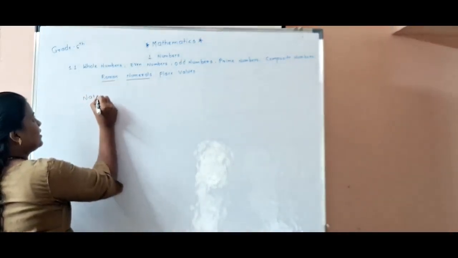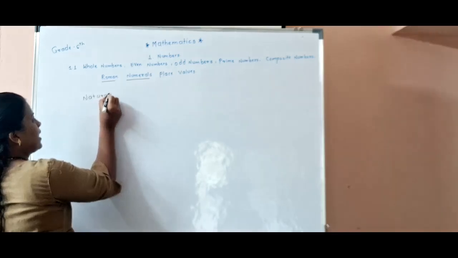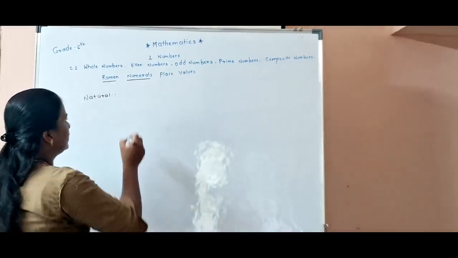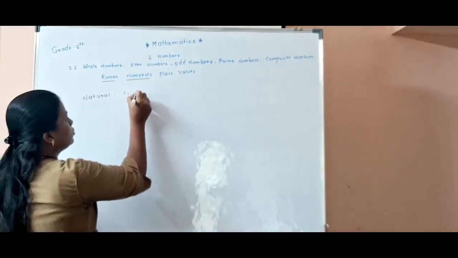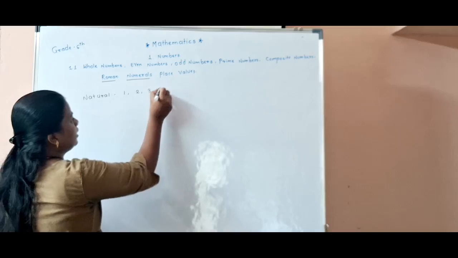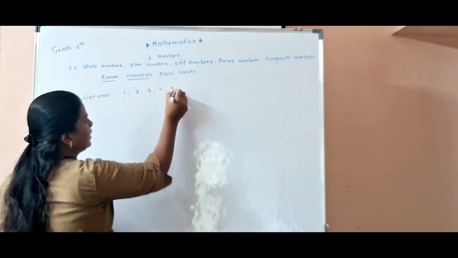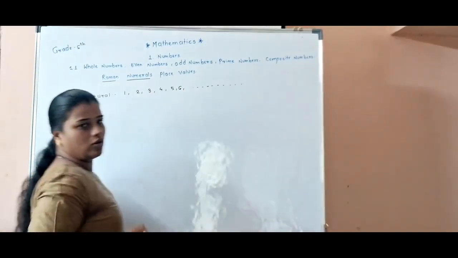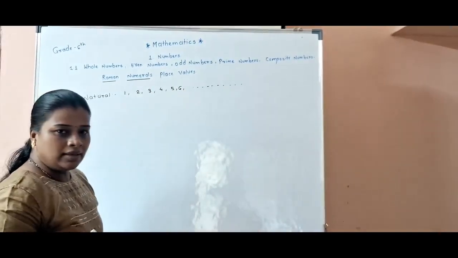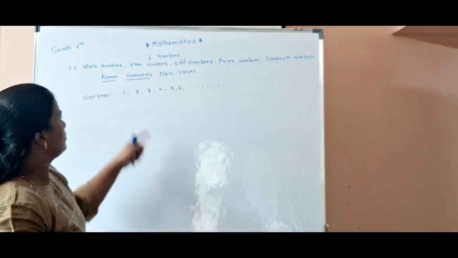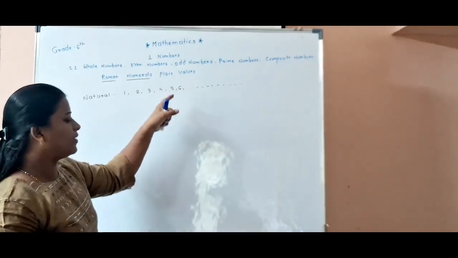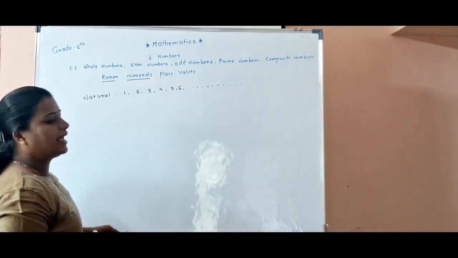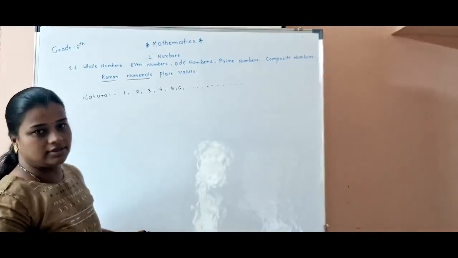We know that right from the beginning we know counting, and in school also we started counting with 1, 2, 3, 4, 5, 6, and so on, and it goes on. The numbers which start right from 1 are called natural numbers.